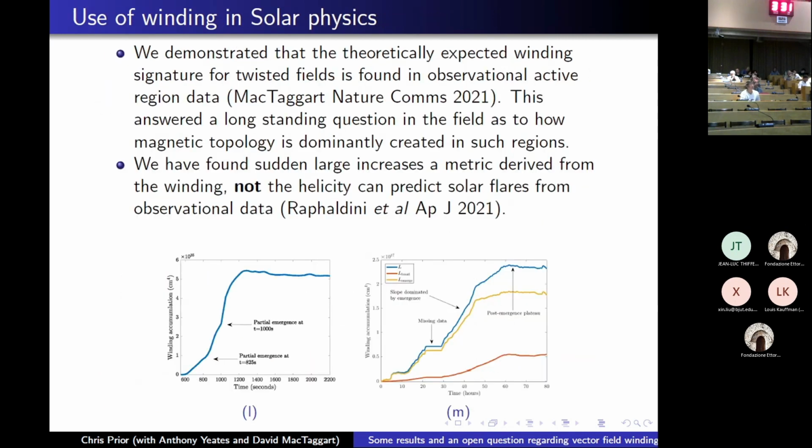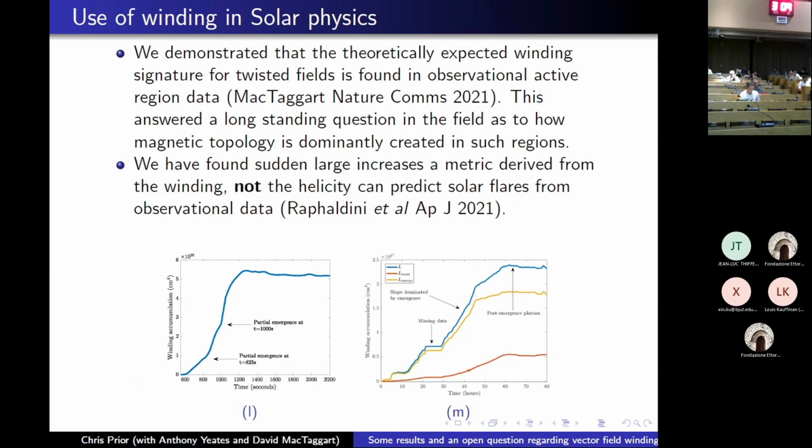And so we've used this basically to, first of all, demonstrate the first sort of observational evidence that flux rope topology, magnetic field topology of so-called solar active regions is largely created beneath the surface of the sun. There were competing hypotheses sort of before this.